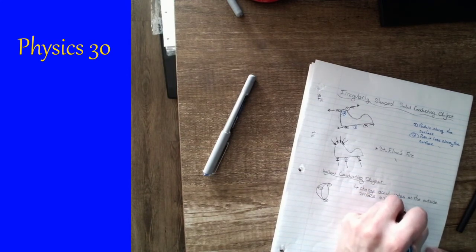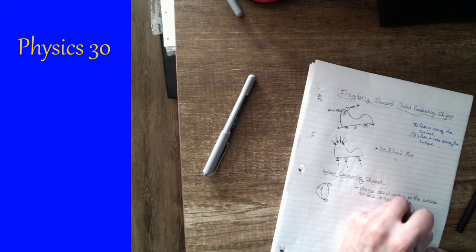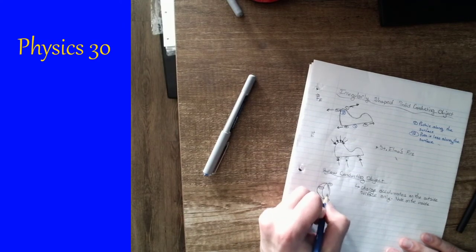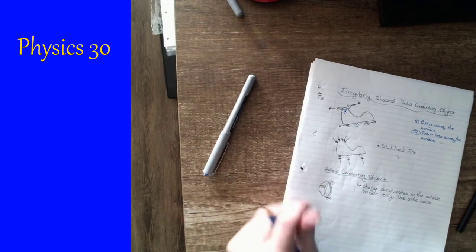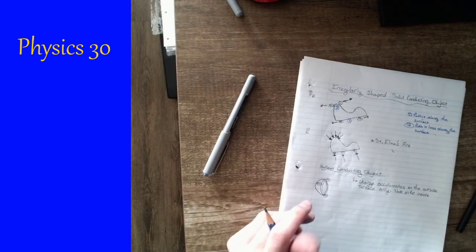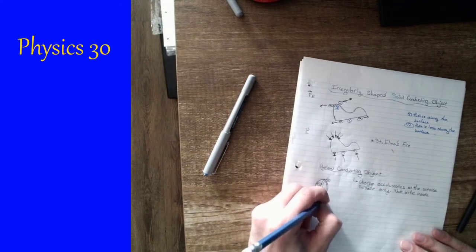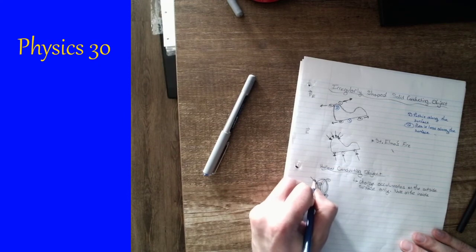There will be no charge buildup on the inside. So the electric field, therefore, is actually quite similar to our sphere that we just drew, and the concepts are exactly the same.